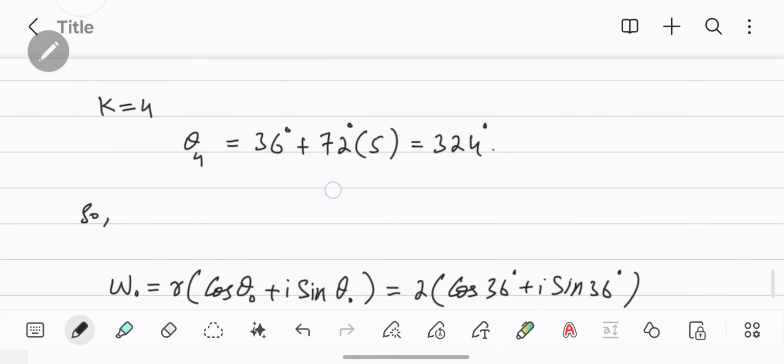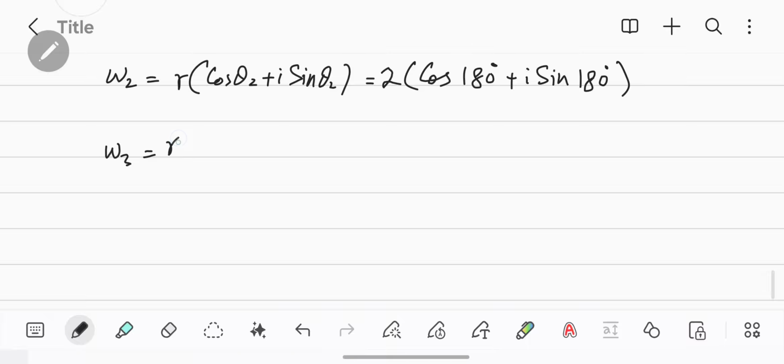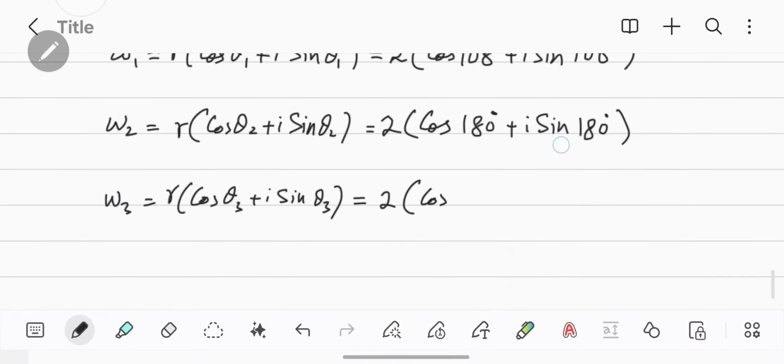W3 equals what? r cosine of theta 3 plus i sine of theta 3, 2 cosine of 252 degrees plus i sine of 252 degrees.